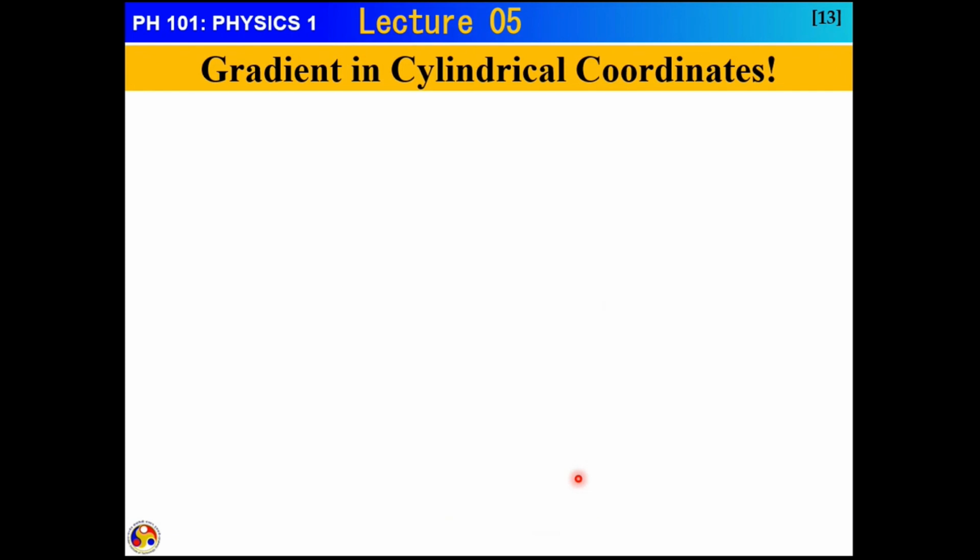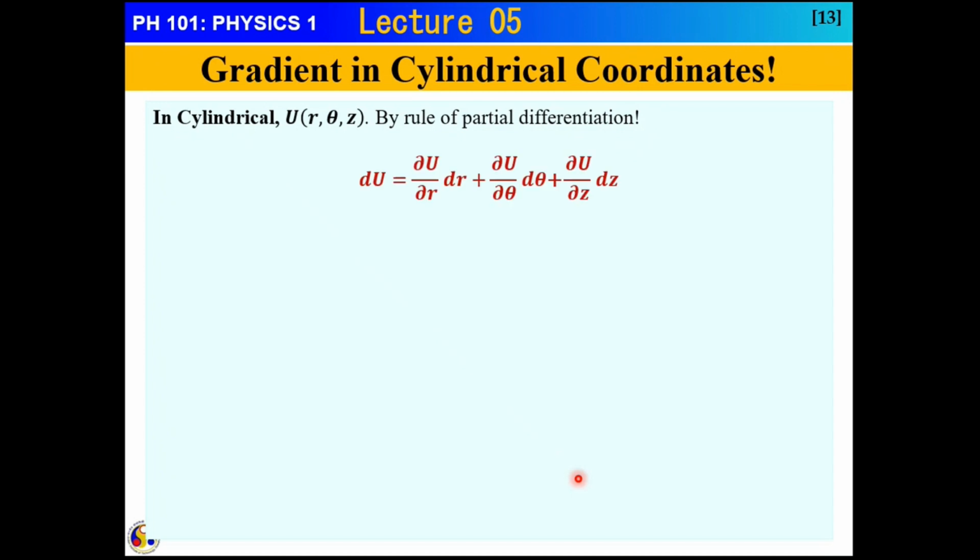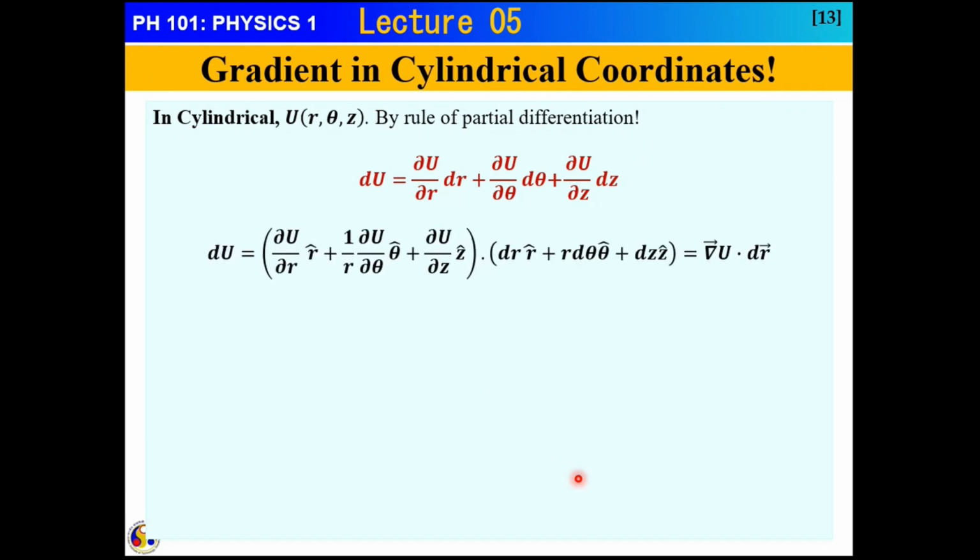Gradient in the cylindrical coordinate system. Again, I am going to do similar stuff. We know that in the cylindrical coordinate, the potential can be written as a function of r, theta, and z. And if I want to do this mathematically, it can be written as del u by del r dr plus del u by del theta d theta plus del u by del z dz.